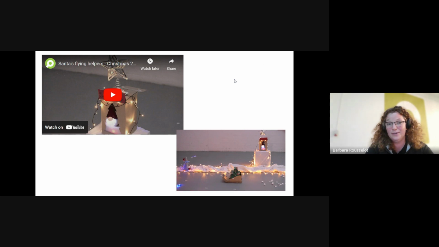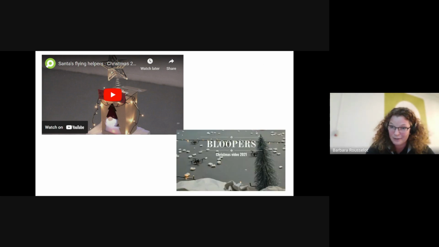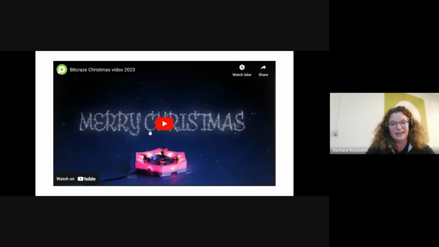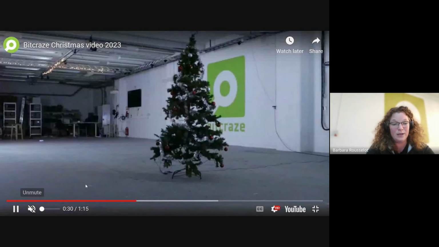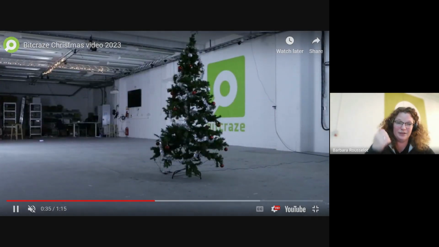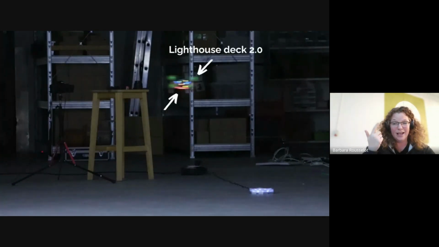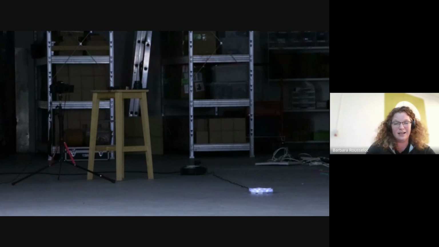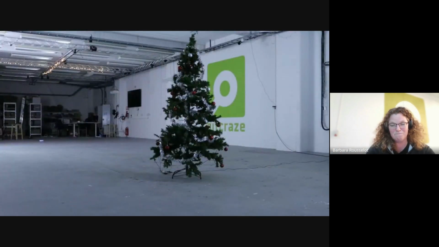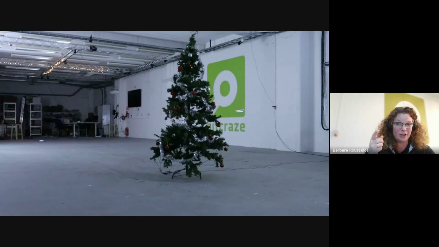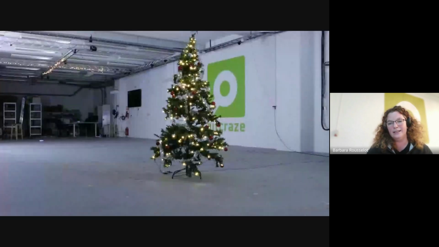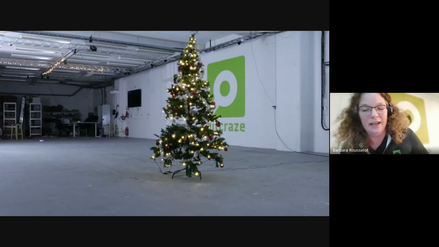Which brings us to last year's demo. This was also pretty ambitious. We actually showed three different new products. There was a charger, the Brushless, and the Lighthouse deck, the one that can see many more base stations, and even the LED on here is a new high-powered LED.